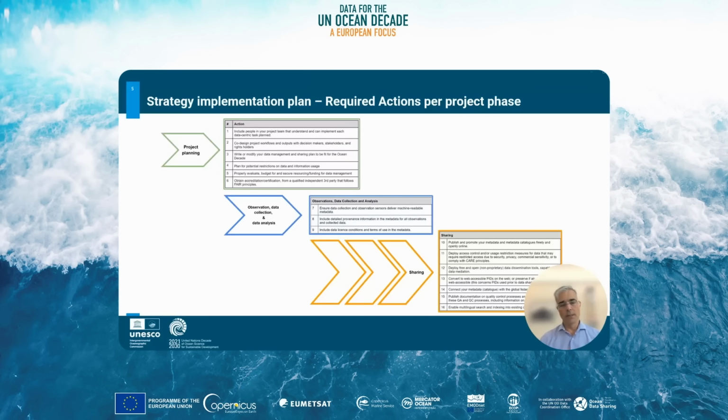So we have instructions that should be considered at the project planning phase, other instructions focusing, for example, on metadata standards and so on, that would focus at the data collection and data analysis phase of a project. There are multiple instances within the project lifecycle where data sharing will be required, and so we have instructions for that.